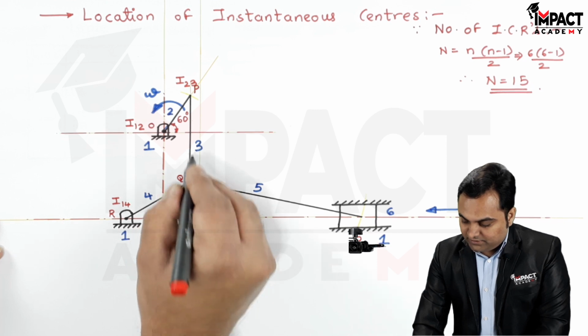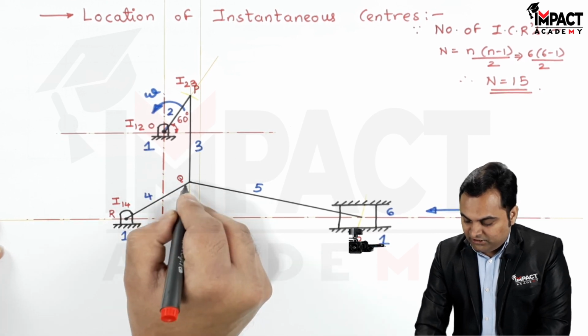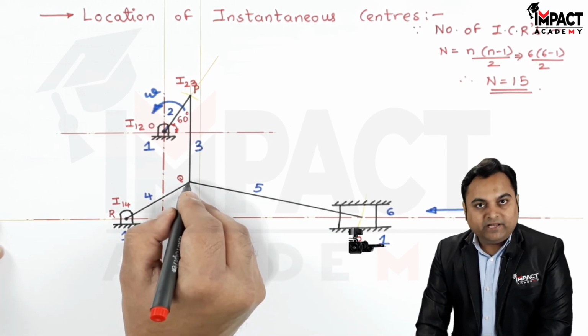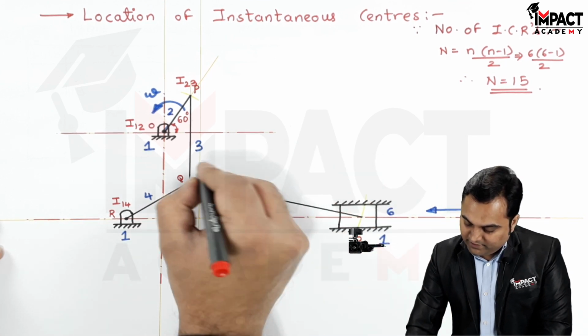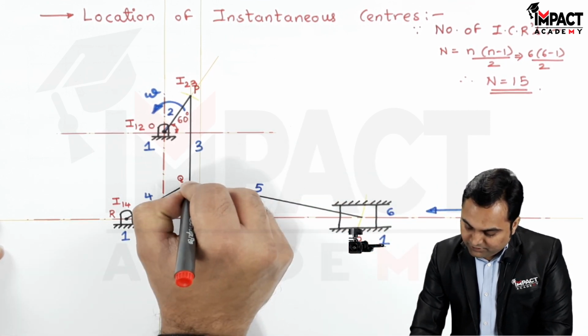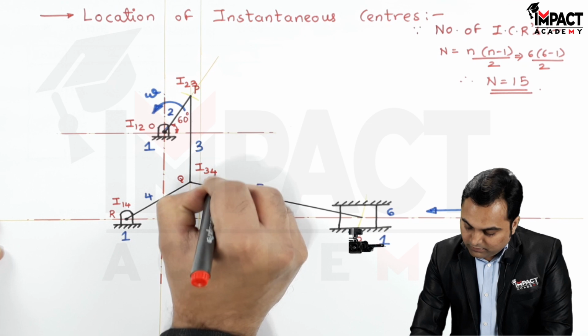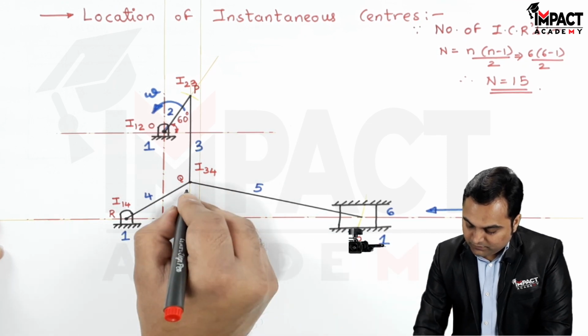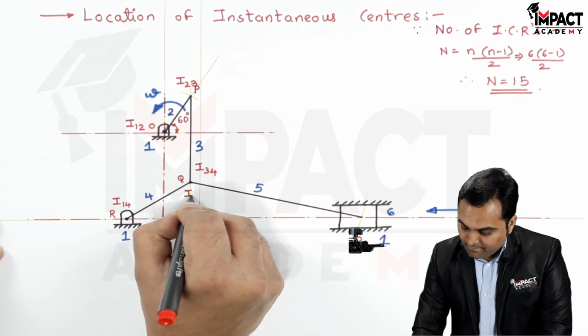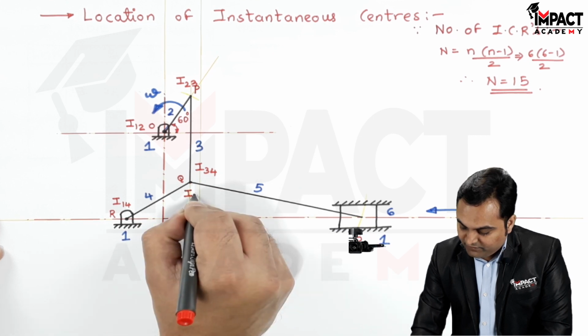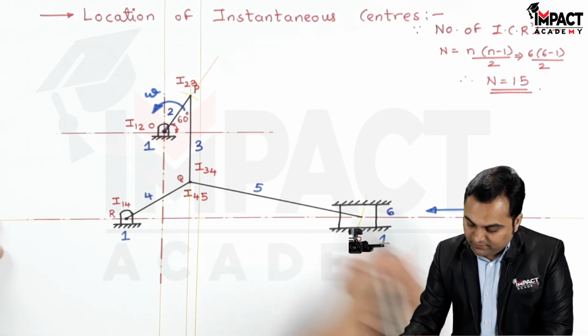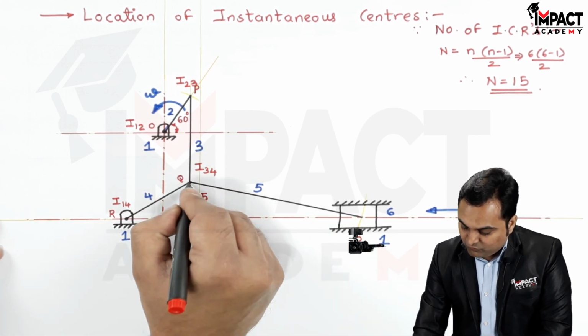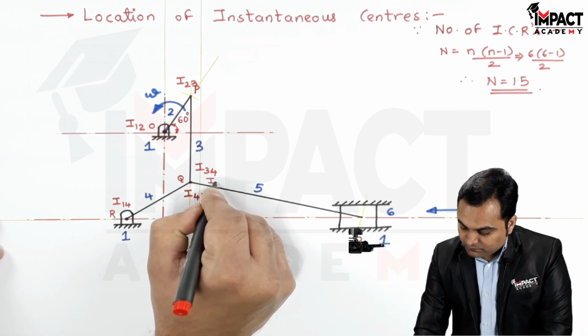Then we can see here 3 links are connected, 3, 4 and 5. So we are getting 3 ICRs here. For example, here there will be I34, then I45 and even I35 over here at this same location.